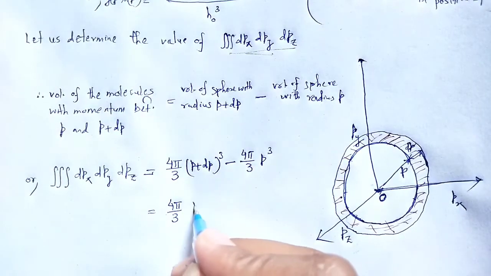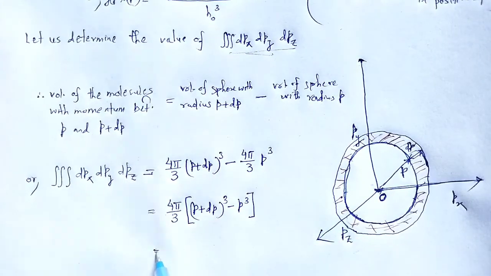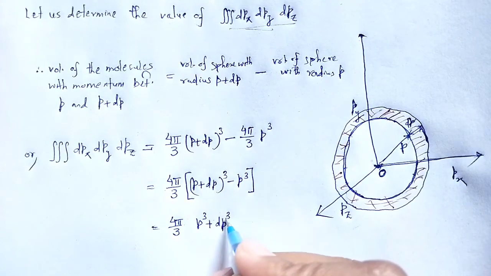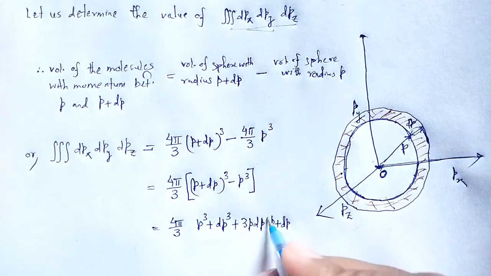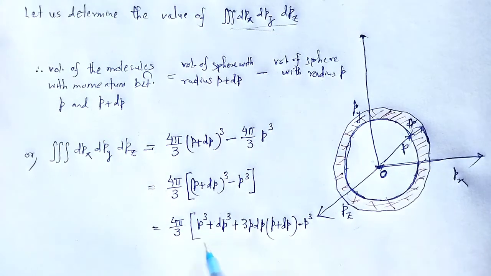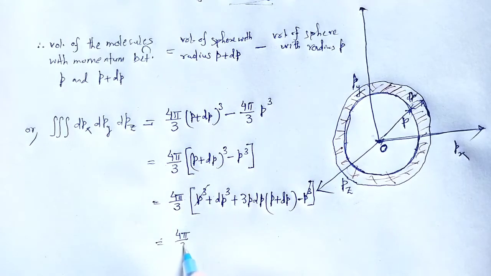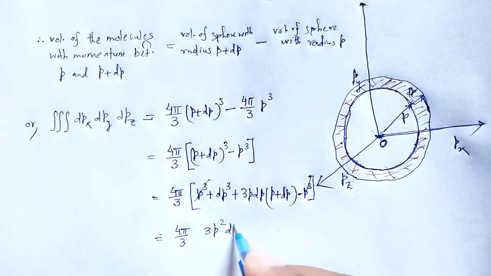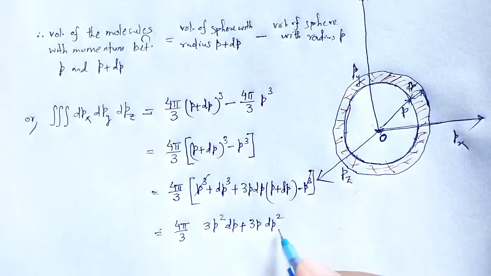Taking 4 pi by 3 as common, we have (p plus dp) whole cube minus p cube. Since (a plus b) whole cube is a cube plus b cube plus 3ab times (a plus b), minus p cube, the p cube cancels out. Inside the bracket we have 4 pi by 3 times 3p square dp plus 3p dp square plus dp cube.